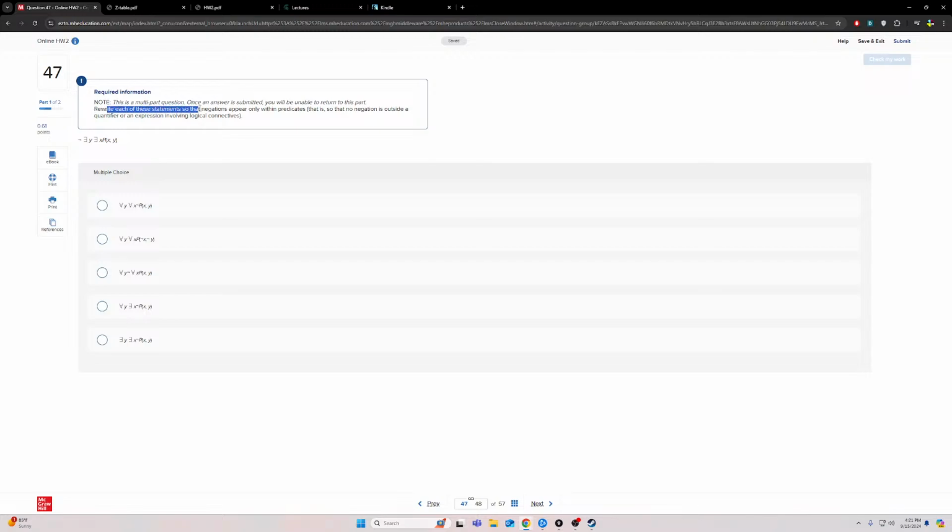Rewrite each of these statements so that the negations appear only within predicates. That is, so that no negation is outside a quantifier or expression involving logical connectives. What? Rewrite them so that negations appear only within predicates. The predicate is the statement. Outside. Okay. So rewrite it so that this only has the negation.